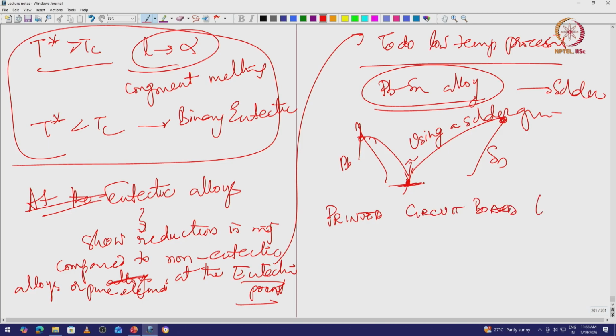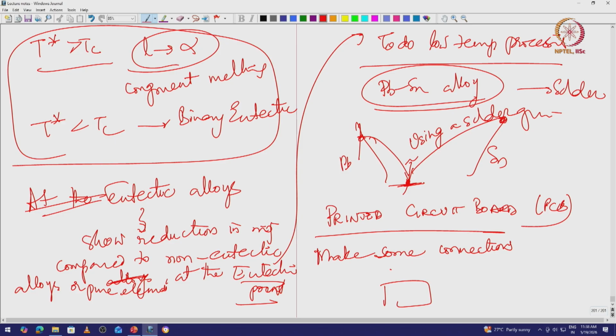I will put a resistor which is going to be an element like this, and I want to solder it there. I want to fix it there, electrically fix it to some kind of a line that already exists, and so on.